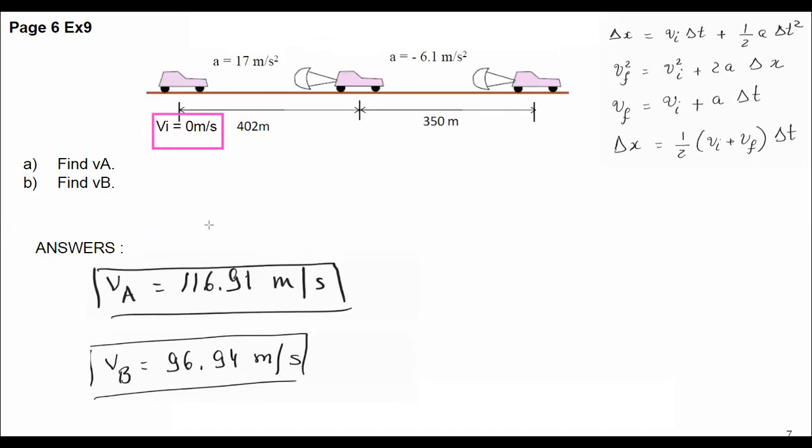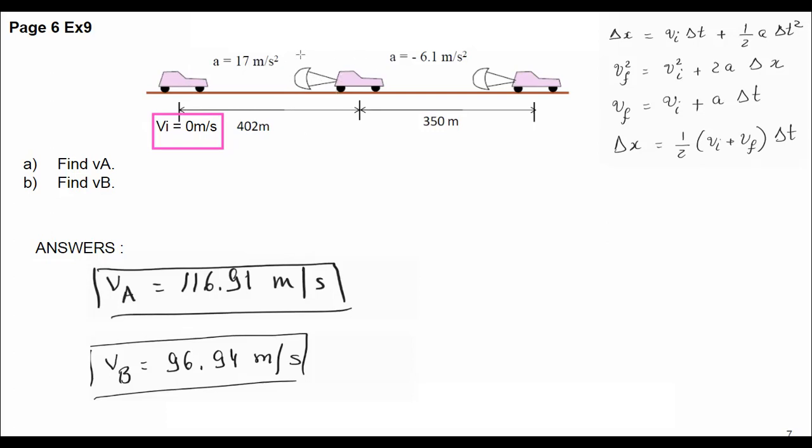So I have this distance from here to here is 402 meters. With an acceleration plus 17 meters per second square. So the acceleration from this to here is 17 meters per second square. A parachute then opens, slowing the car down with an acceleration of minus 6.1 meters per second square.